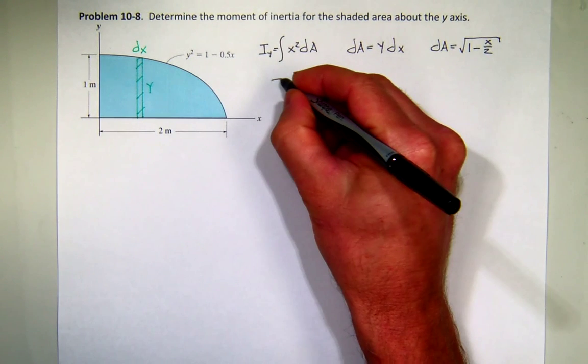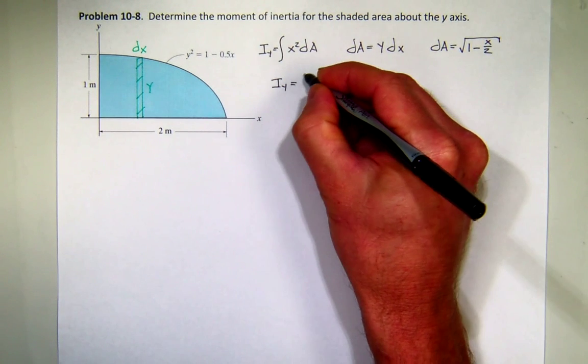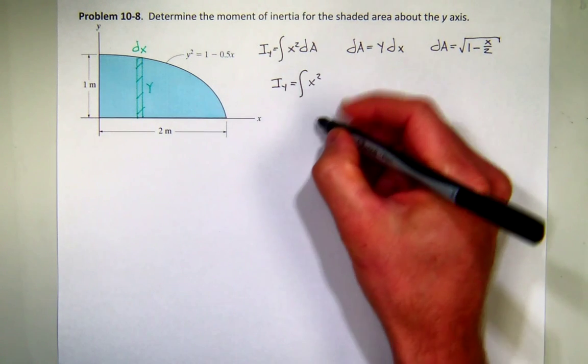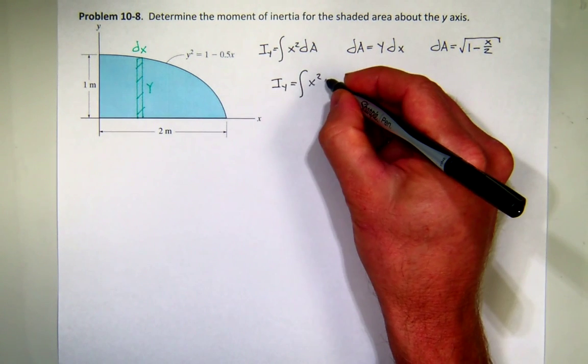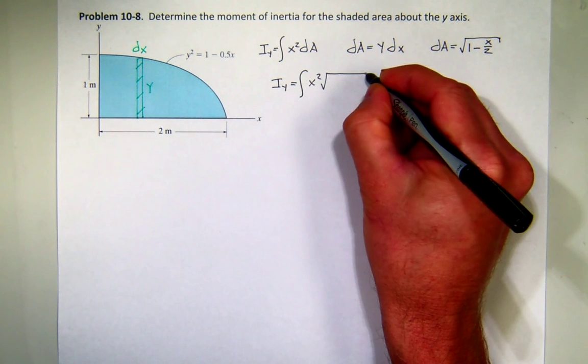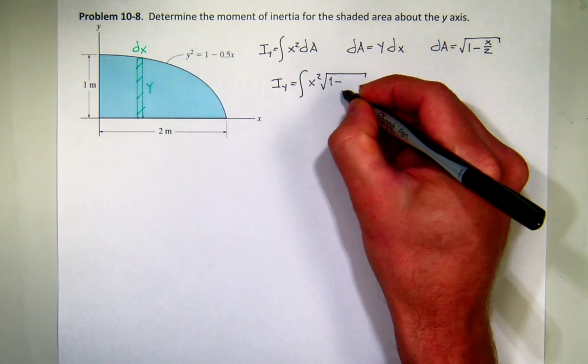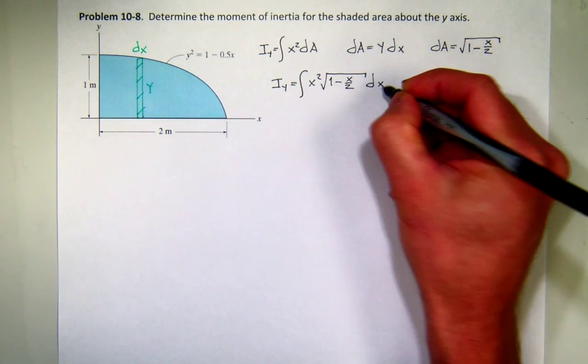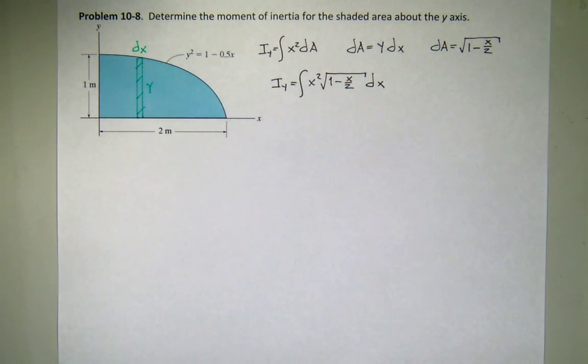So the integral that I would like to solve would be x squared times the square root of 1 minus x over 2, dx. Looks innocent enough, but I'm not quite sure how to do that.